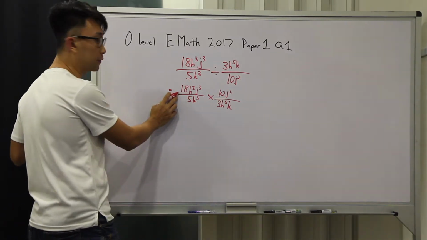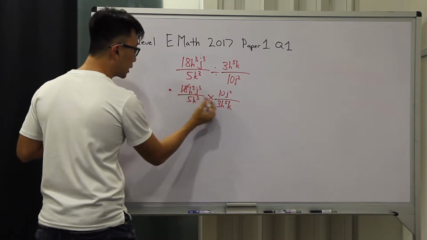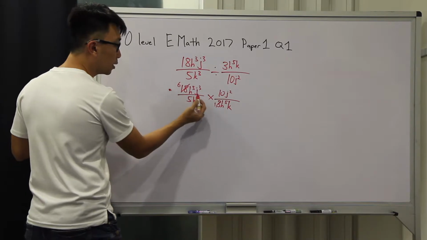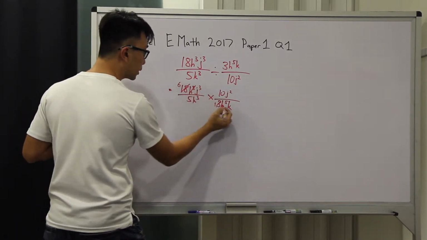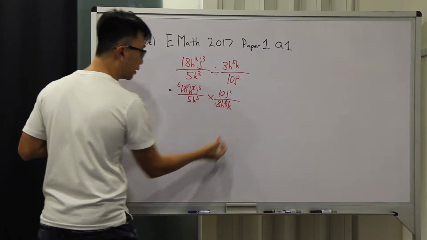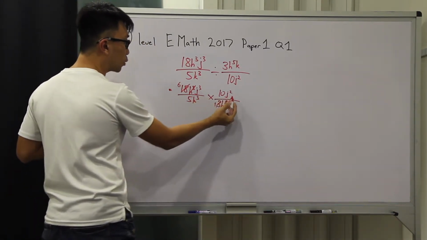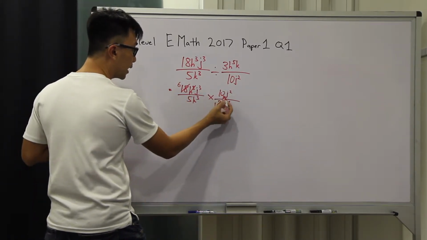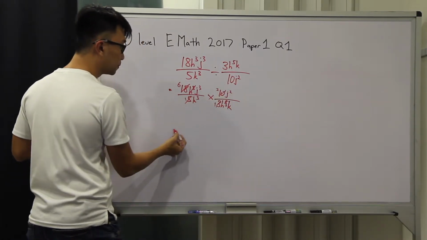So let's start with the coefficient. We have 18 and 3, so maybe we can cancel off to give this a 6, 1. We have an h³ and an h to the power of 5. This we can cancel off, left with the power of 2. We have j³ and j², so this will have to multiply later. We have a 10, so this can cancel off to give 2 and 1.